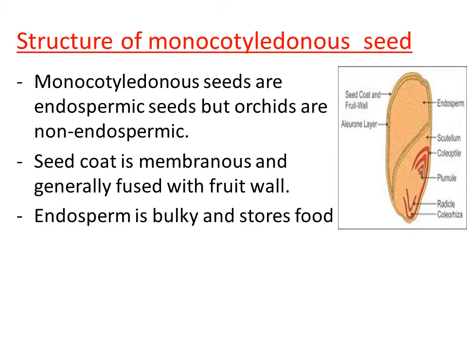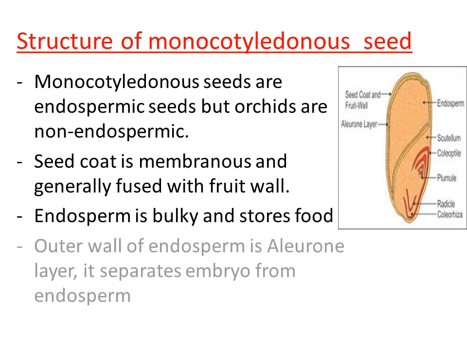We can see a thin layer present just outside the endosperm, right? The endosperm is surrounded by a proteinaceous layer, named the aleurone layer, right? The aleurone layer is the outer wall of the endosperm.